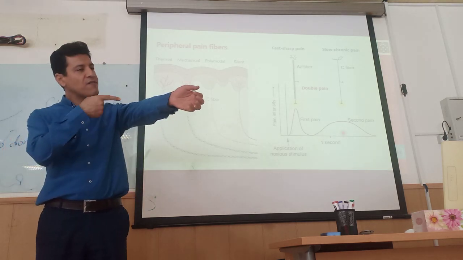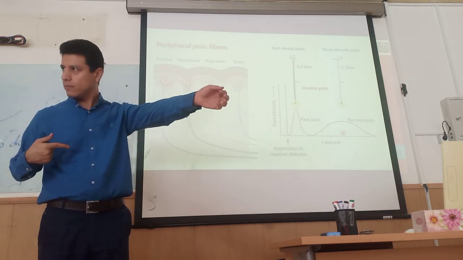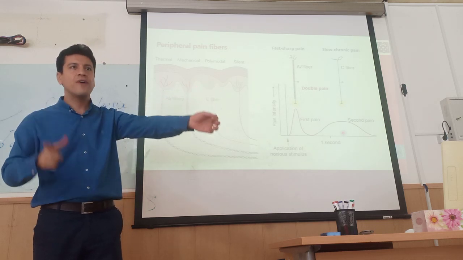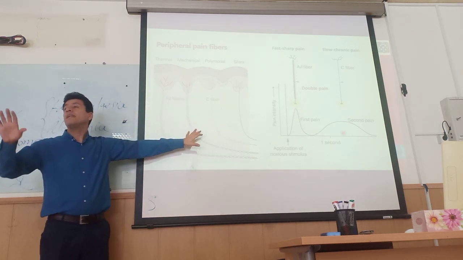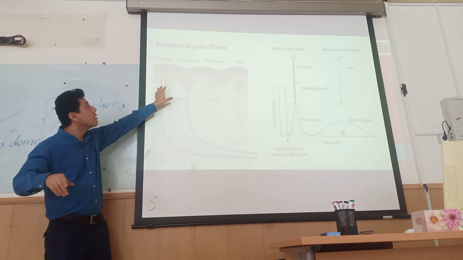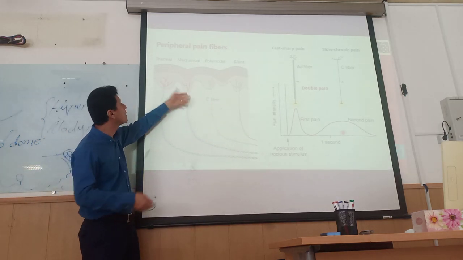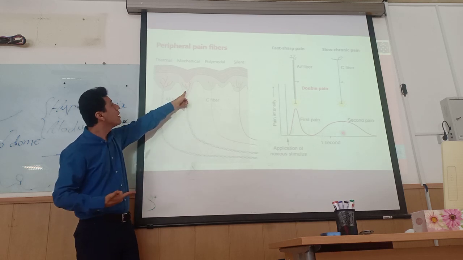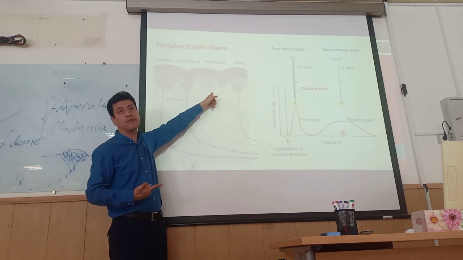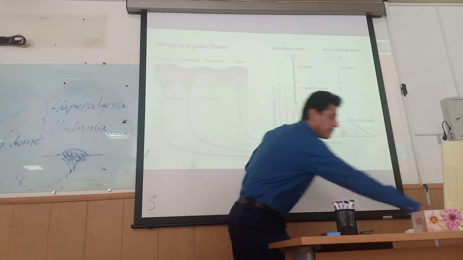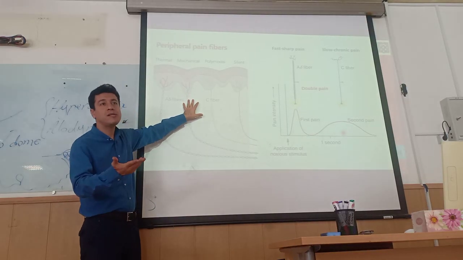So if you have a painful stimulation, at the same time, all of these receptors are activated. For example, mechanical and polymodal are activated. So what happens?